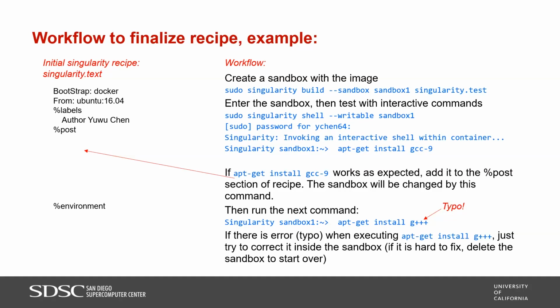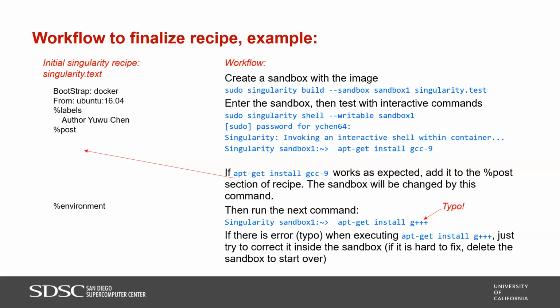I think we have some Slurm example scripts using Singularity. For example, I know that on Expanse, when running AlphaFold, we have a Slurm script example to show you how to run AlphaFold with Singularity.